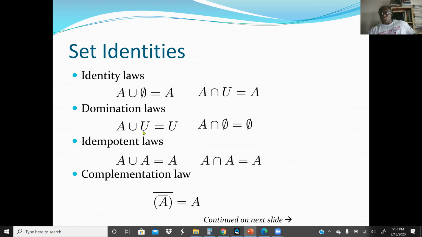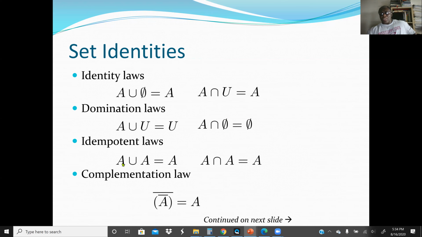So A union the universal set, the answer will be the universal set. And also A intersect the empty set, the answer will be the empty set, because there's nothing inside. That means the two sets don't have anything in common, so the answer will be the empty set.